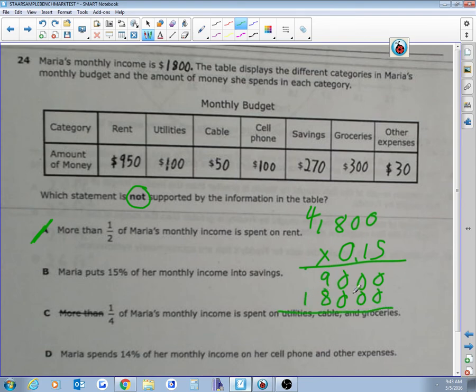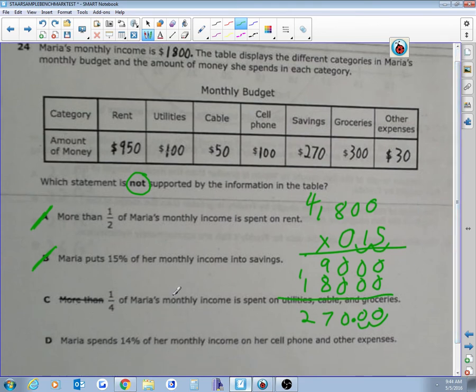When we add these up, we get 0, 0, 0, 7, and then 2. Bring the decimal back twice, 1, 2, 1, 2. So 15% of 1800 is 270. That is true. 270 is 15%. So that is supported. We're looking for what is not supported.